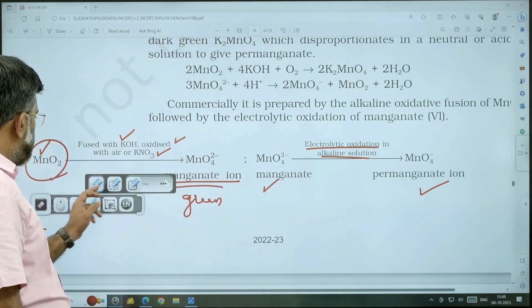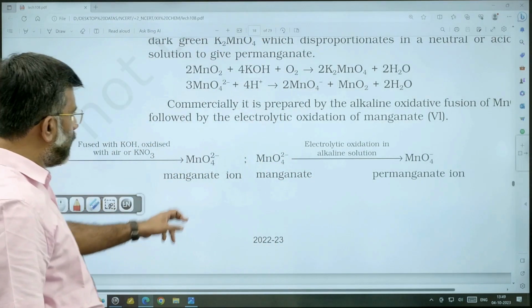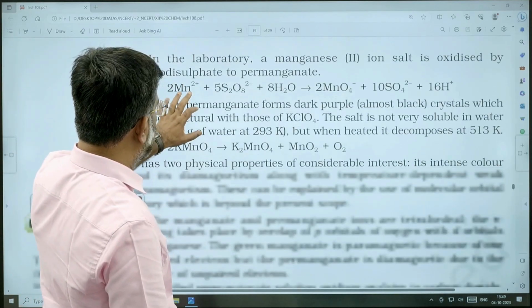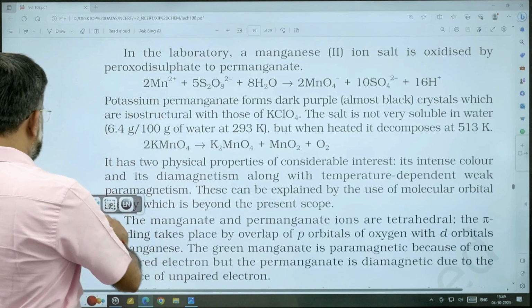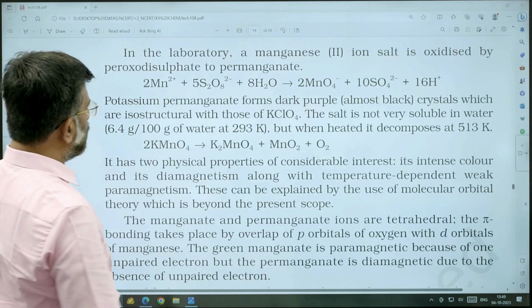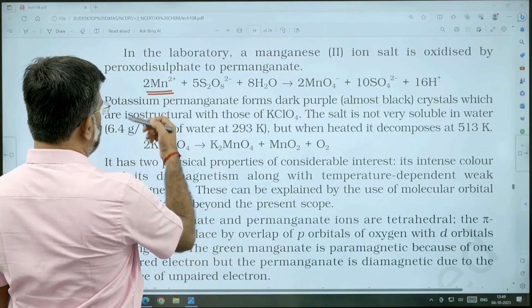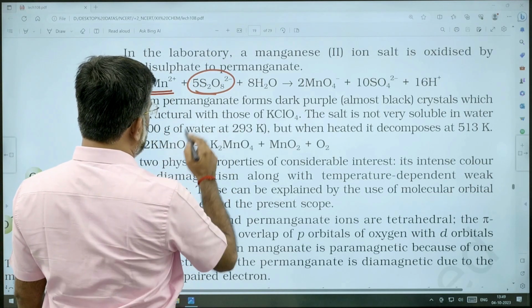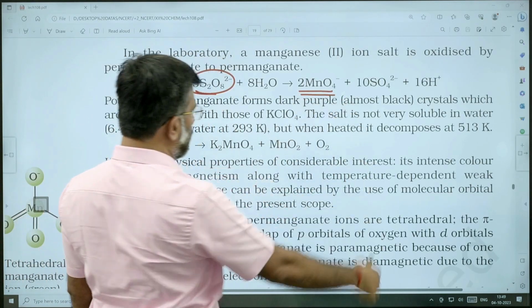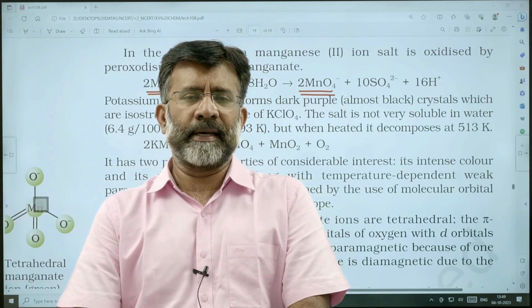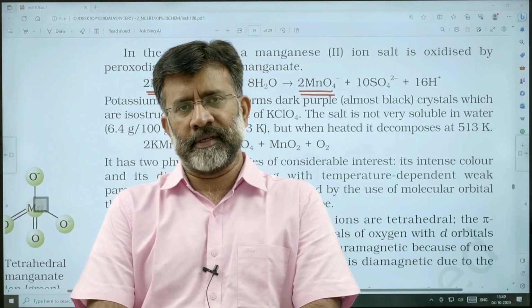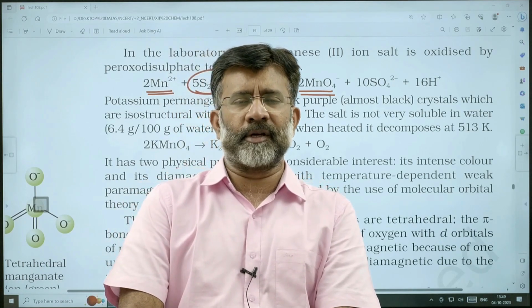Now, what comes next for permanganate is its properties and reactions. One more method recommended is the laboratory method of preparation: Mn2+ interacting with peroxydisulfate gives MnO4-. A manganese salt treated with peroxydisulfate has Mn2+ oxidized to permanganate.